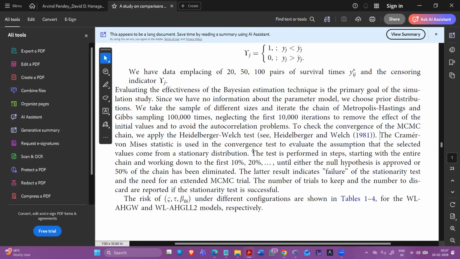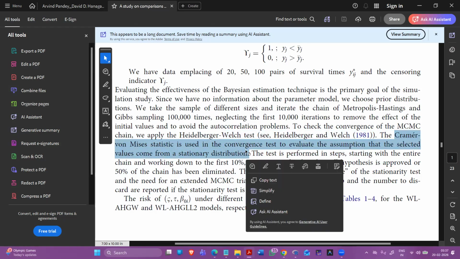So maybe you don't know. You know the MLE to find the estimate of the parameter, right? Did you know the least squares method to find the estimates of the parameter? Similarly to least squares and the MLE, we have one more method to find the estimates, that is called the Cramer-von Mises statistic.